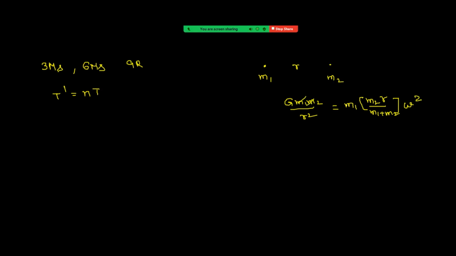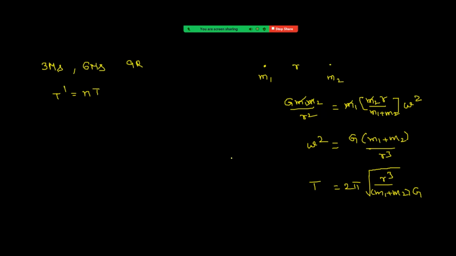Here M1, M2 get cancelled. Omega square is equal to G into M1 plus M2 upon R cube. That means the time period is 2 pi root of R cube by M1 plus M2 into G. Right?